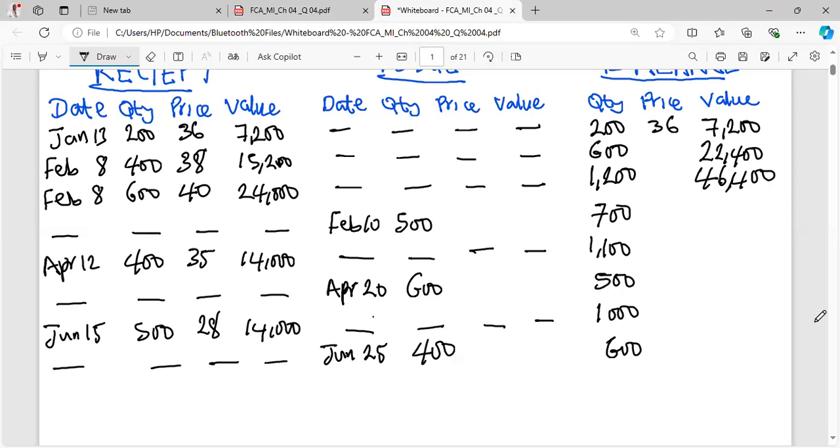How should we treat that 100 that is missing? There are two ways we can do that. We can take it as an issue, but this time the person in charge of the store is going to be the one to pay. Or we can take it as theft.